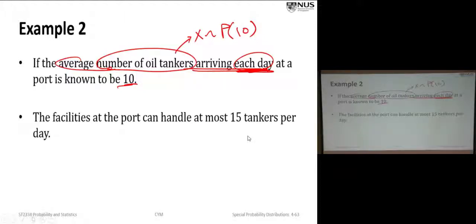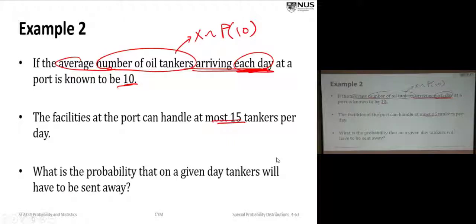All right. And the facility of the port can handle at most 15 tankers per day. So what's the probability that on a given day, tankers have to be sent away? In other words, we would like to find the probability of x greater than 15, or the probability of x greater or equal to 16.